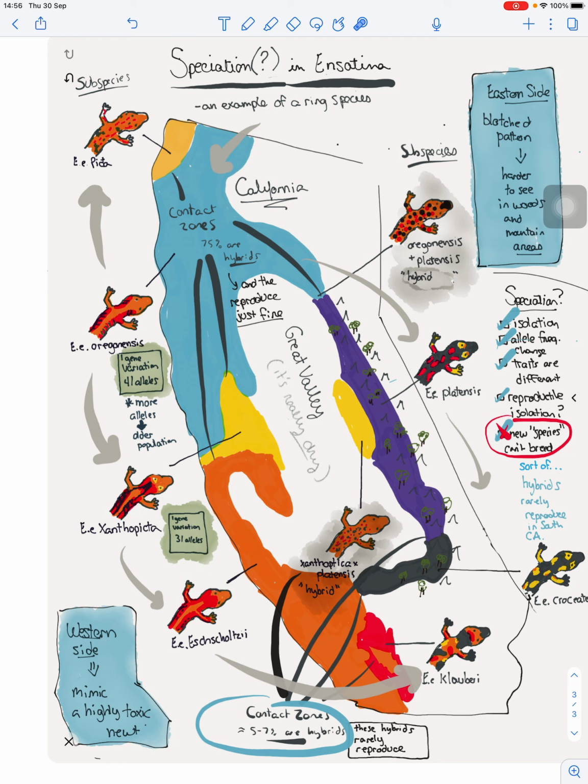So that's an idea of mimicry, of copying something else that's toxic. So along this side, which is the same area where this newt's found, they've evolved to look like that newt. And natural selection has selected generations upon generations to look more like that newt. The other ones get eaten. They don't get to reproduce.